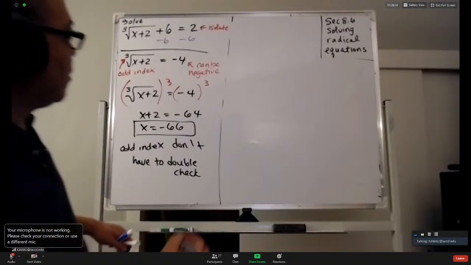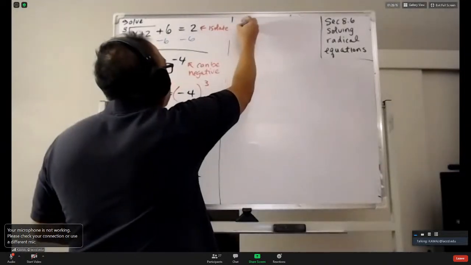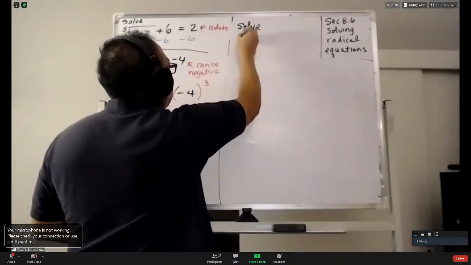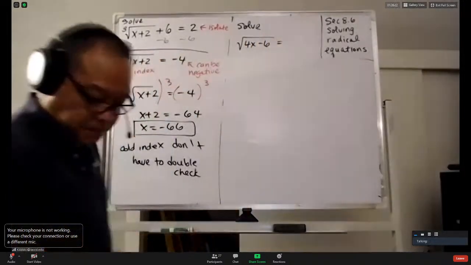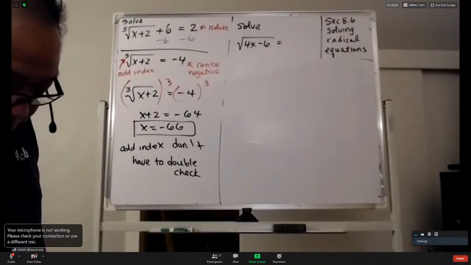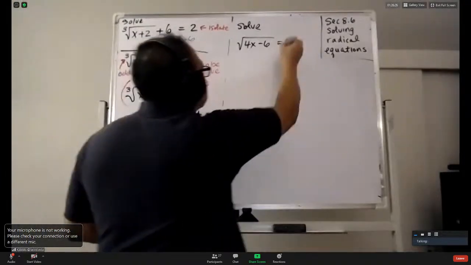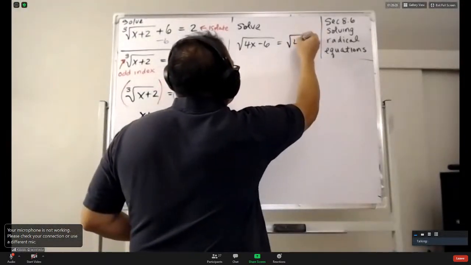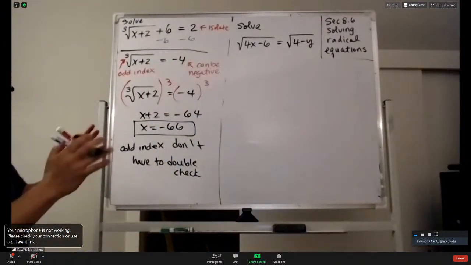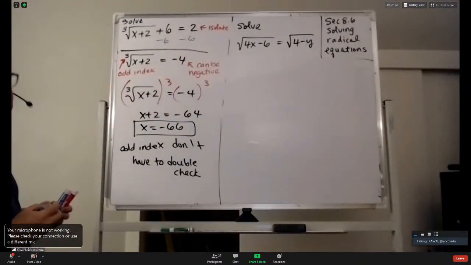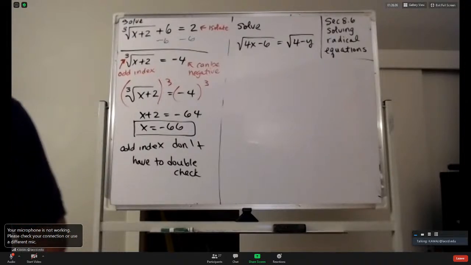Okay, let's try another variation. So what you want to do is square both sides. It's already isolated. So go ahead and square both sides.